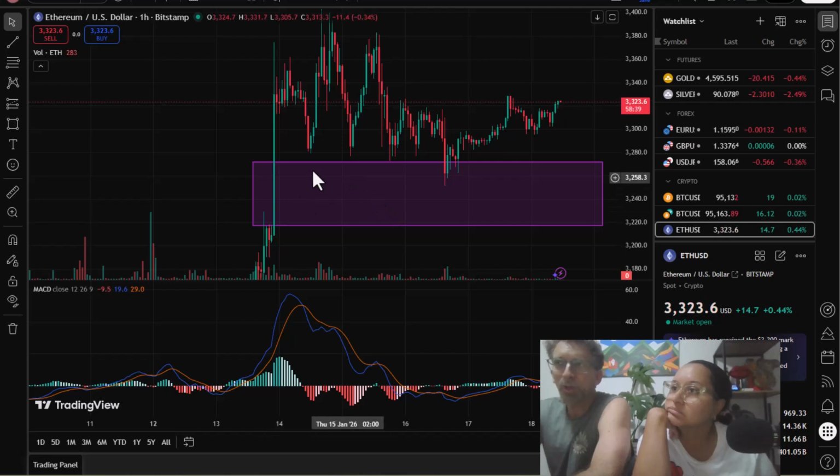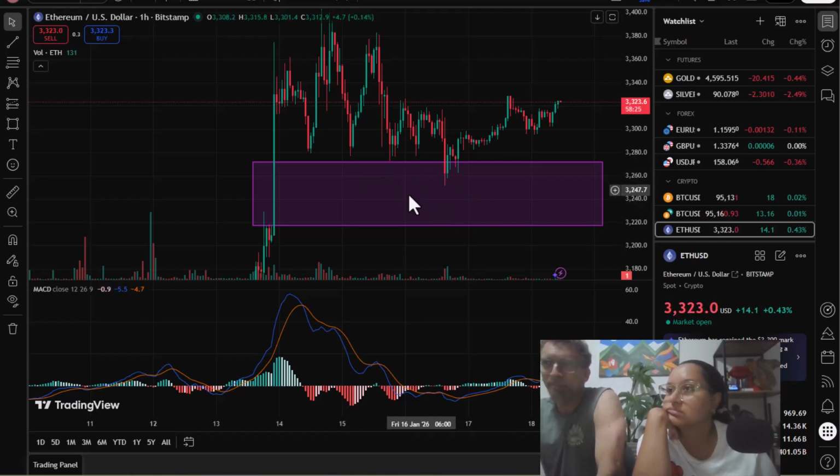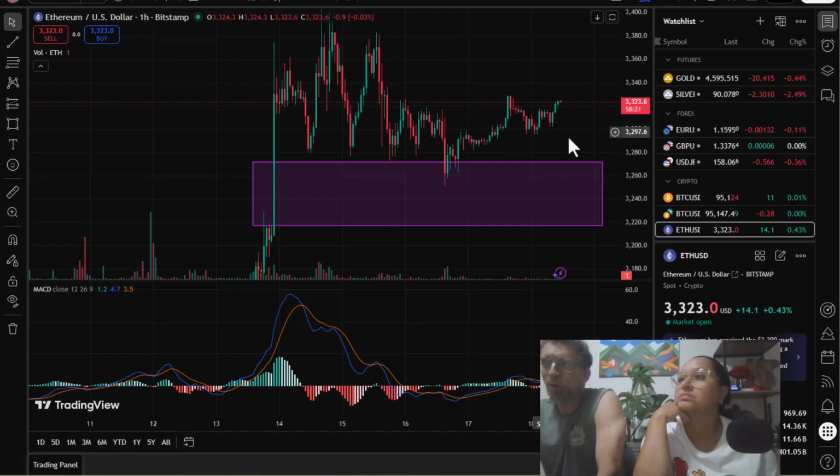And so there's a lot of liquidity in here that has not been worked with. It's just sitting there. And so this box is going to become like a magnet. And so it's going to probably try to draw the price down.